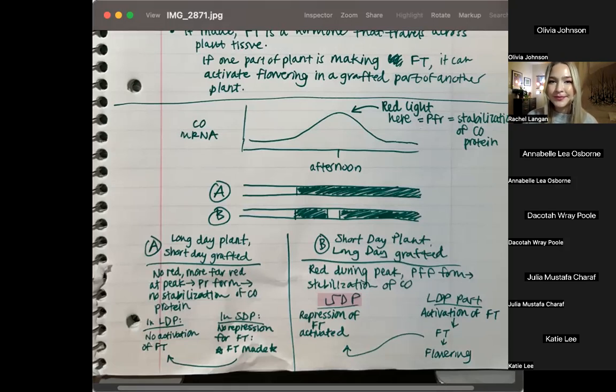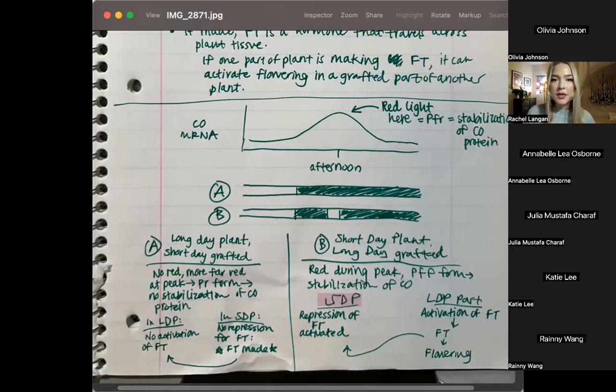Hi, yes. To my understanding about flowering in short day plants, I was wondering how that happens when I thought CO represses the transcription factor of FT in short day plants. So how exactly does flowering occur in short day plants?